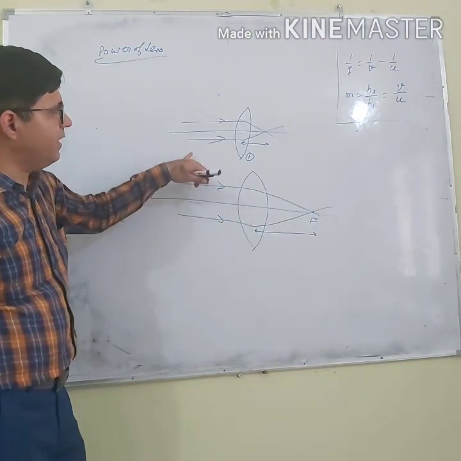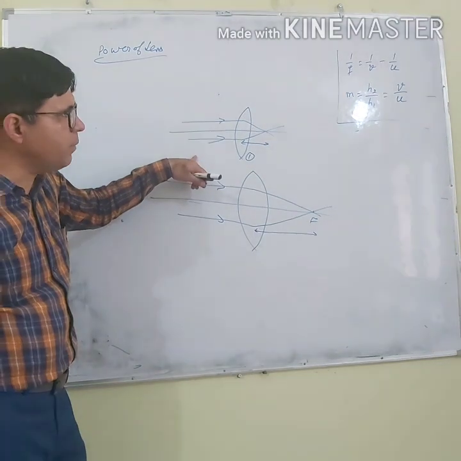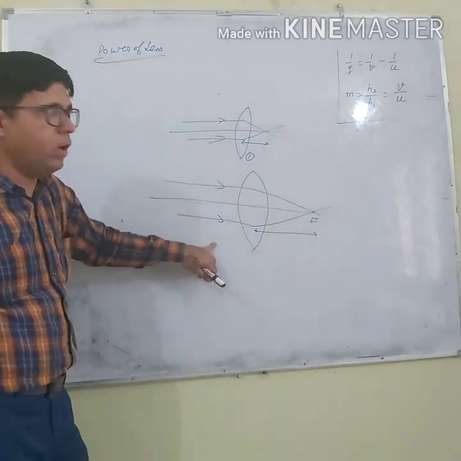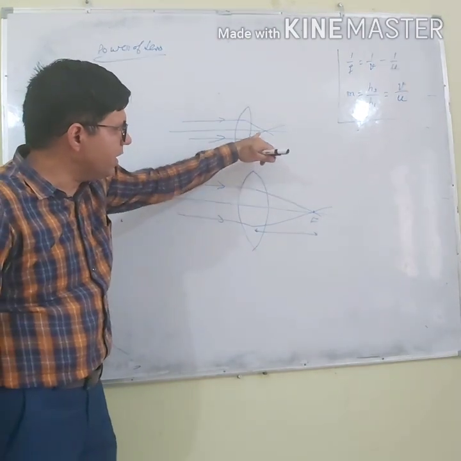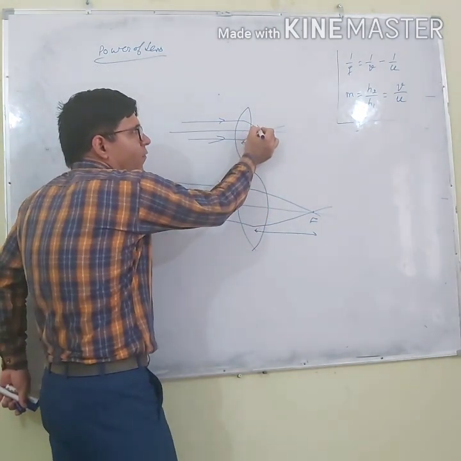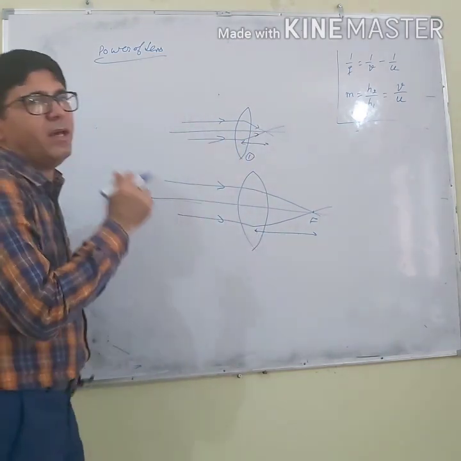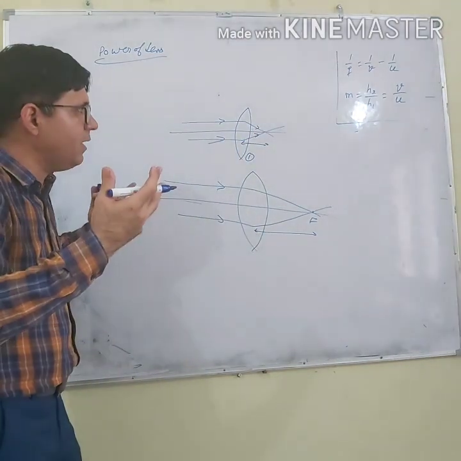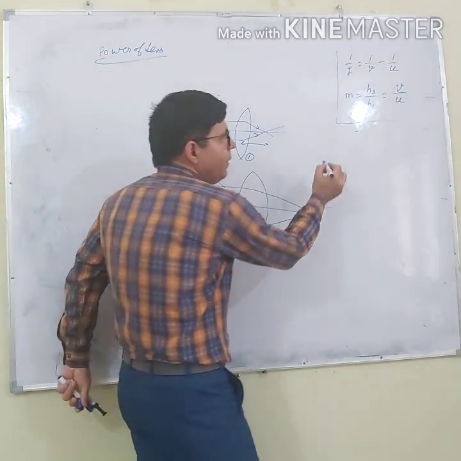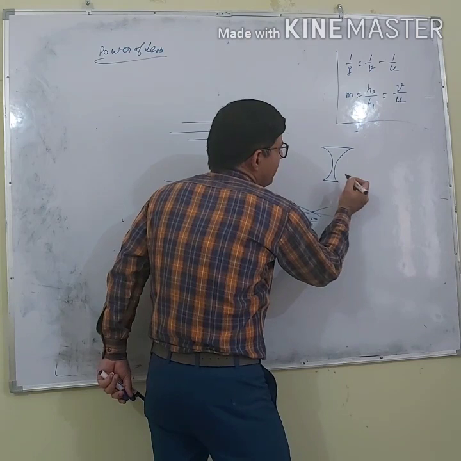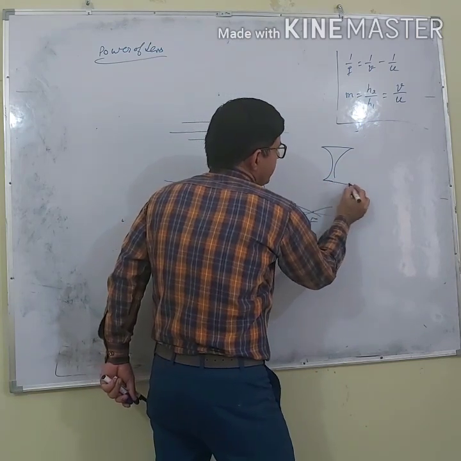So what can I say? I am asking which is having more converging power, 1 or 2? Answer is 1, because rays are getting focused at a lesser distance, and in this case rays are getting focused at the larger distance. So let me draw a case of a concave lens also. Let us say one concave lens is this.